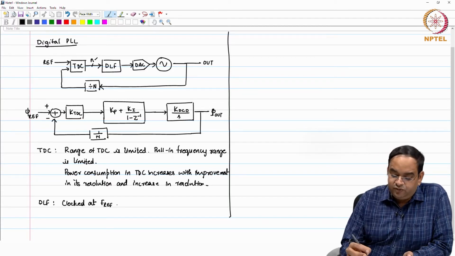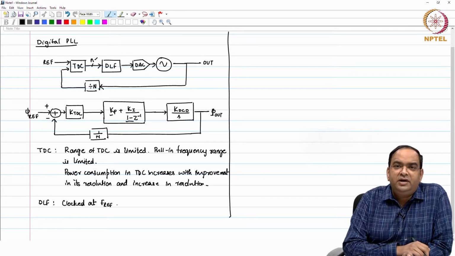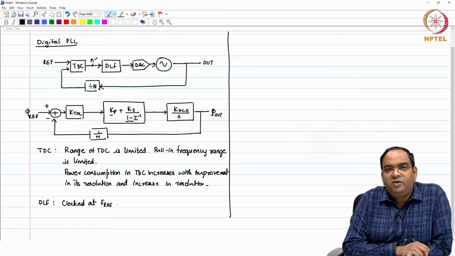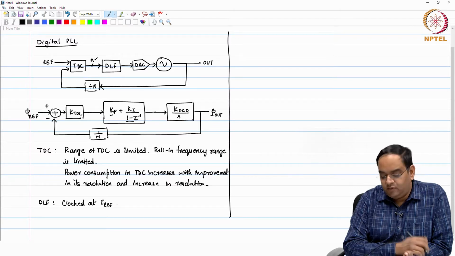Proportional path gain is one thing, accumulator is the other block. So, when you have a digital accumulator, if you have a 20 bit accumulator in comparison to a 12 bit accumulator, the power consumption of the 20 bit accumulator will be more.